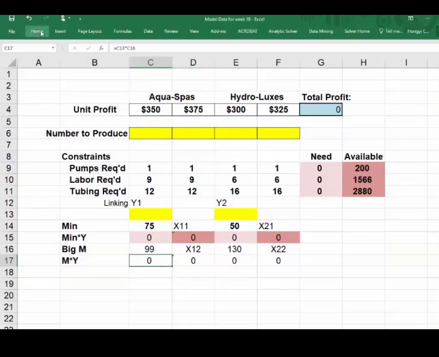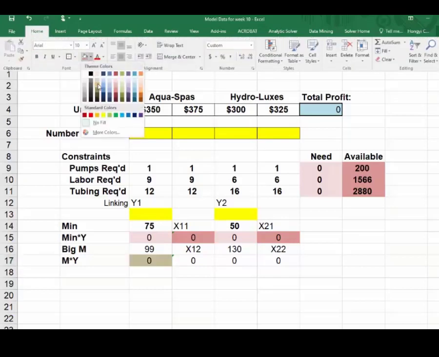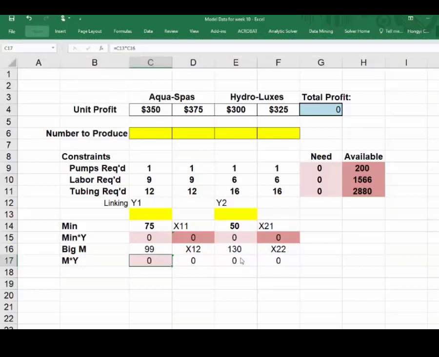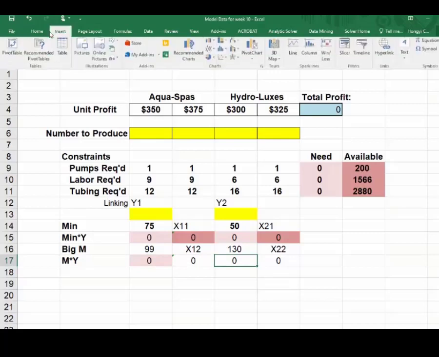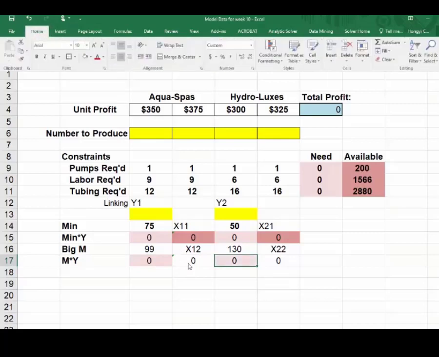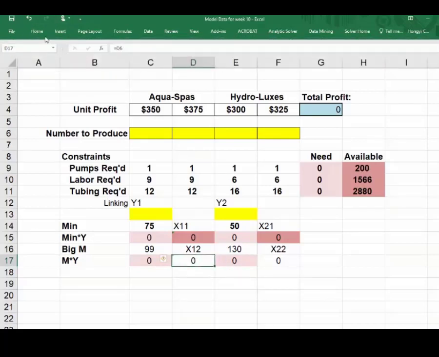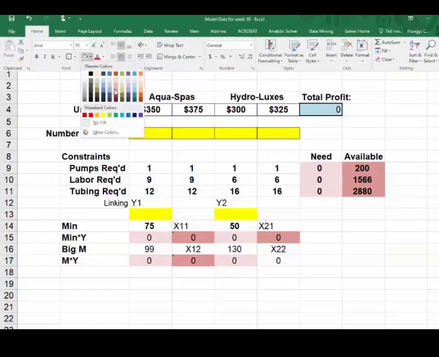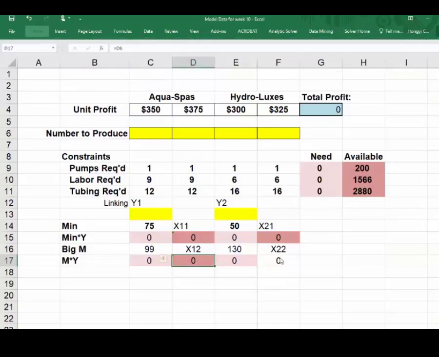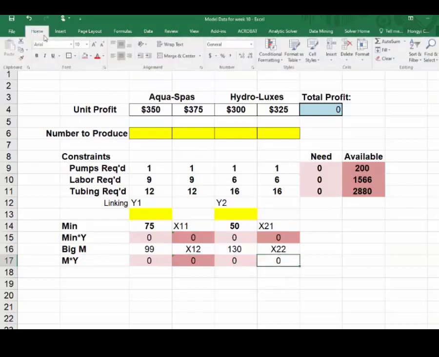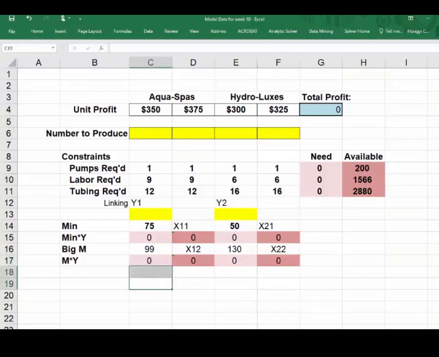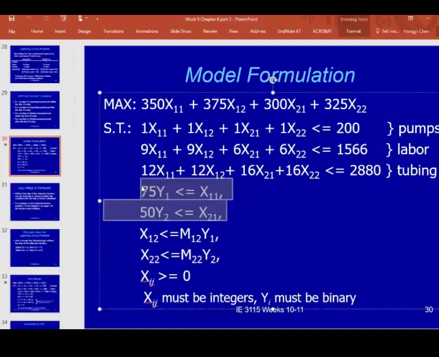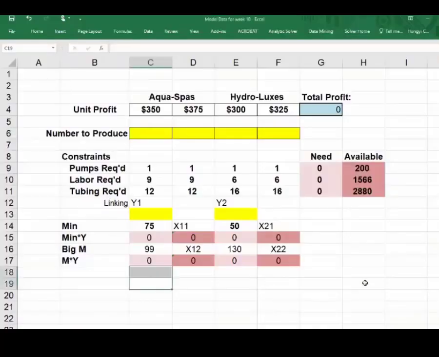Now this will be one of my left hand sides, and this will be another left hand side, and those two will be my right hand side. Left hand side. Okay. Now we have all the linking constraints implemented. Then we're ready to go to the solver window.